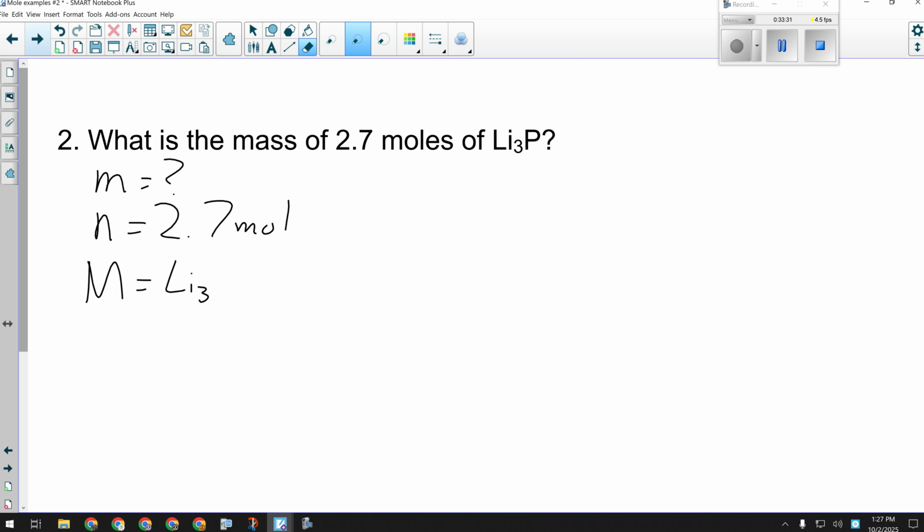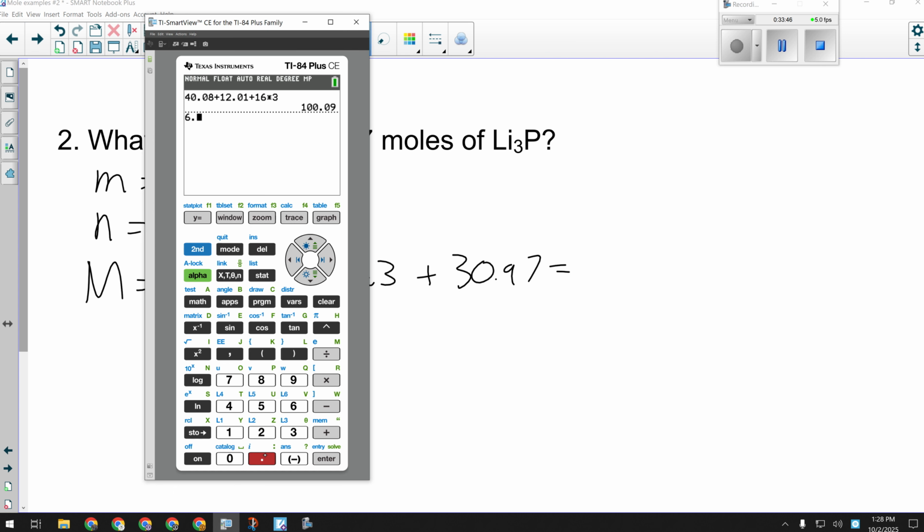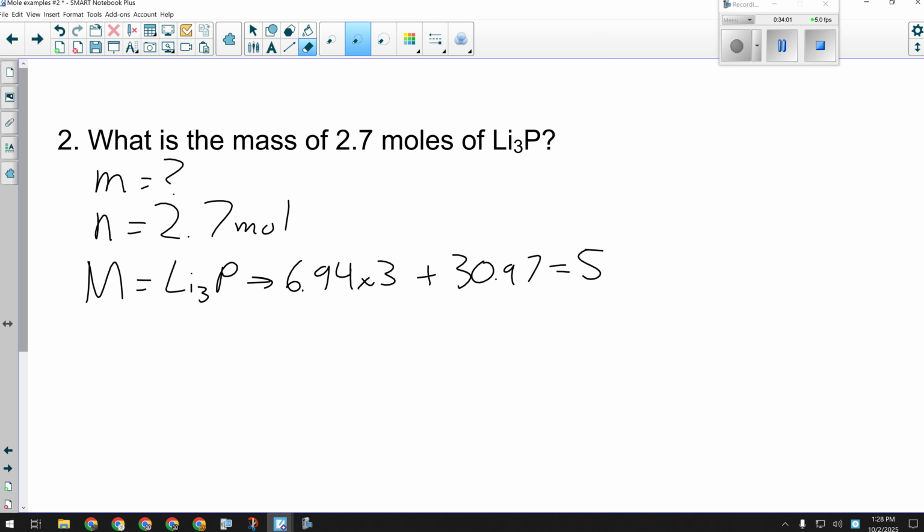Okay, so Li3P, so that will be 6.94 times 3 for the lithium, plus 30.97 for the phosphorus. Okay, 51.79 grams per mole.